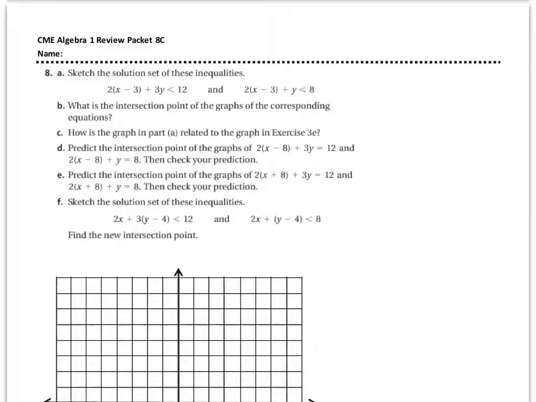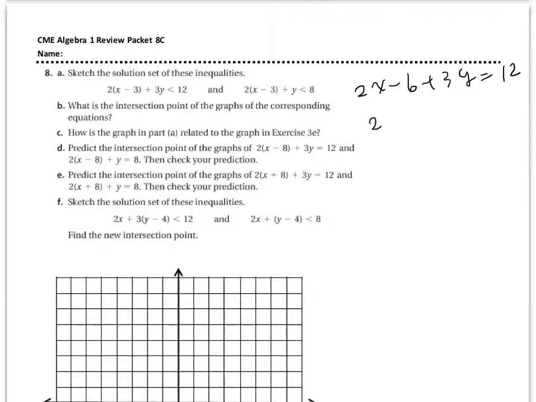Problem number 8: sketch the solution set of these inequalities. You can pretend that 2 times (x minus 3) plus 3y equals 12. So 2x minus 6 plus 3y equals 12. You can draw a line by pretending that's an equal sign.